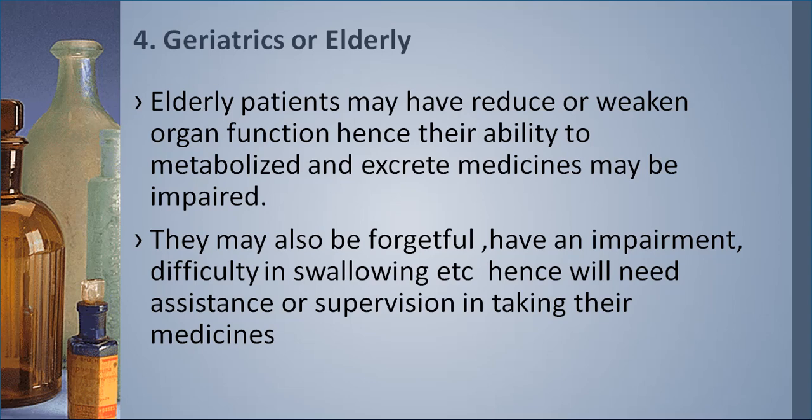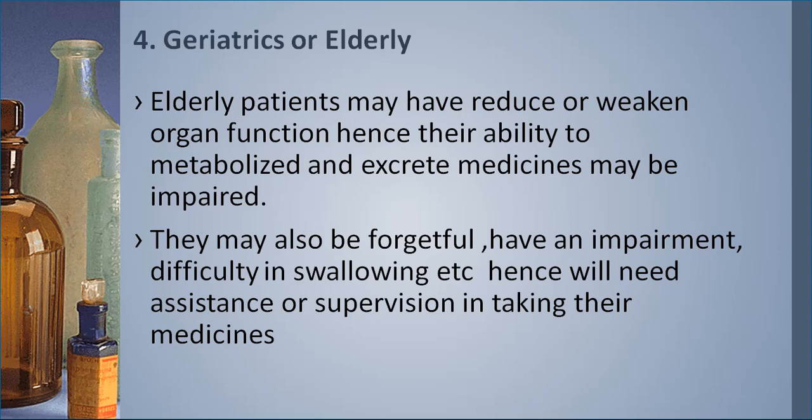Hence the ability of the liver to metabolize medicine is reduced, and the ability of the kidneys to excrete medicines may also be impaired. So they may have a hepatic problem, that's a liver problem, or a renal problem, a kidney problem. So when they're given a medicine, we check the dose, just like with children.